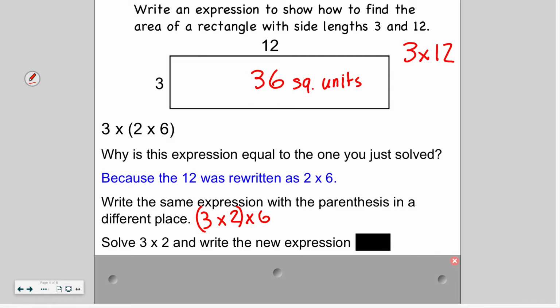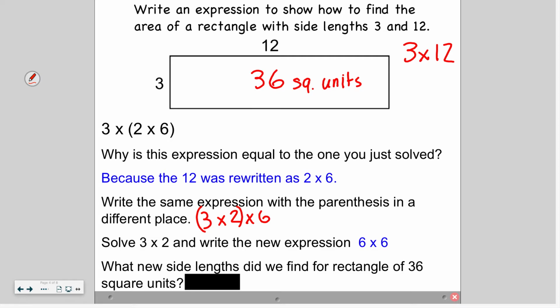Now I want you to solve the 3 times 2 and write the new expression. So our new expression would be 6 times 6, because 3 times 2 is 6. And if we multiply that by the other 6, that makes 6 times 6. So that's our new expression.